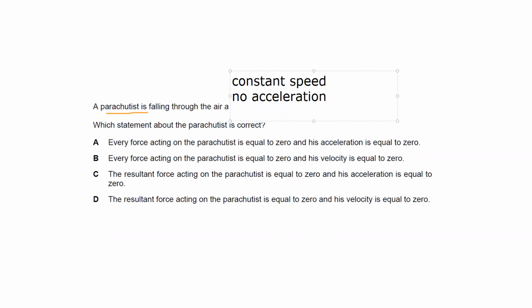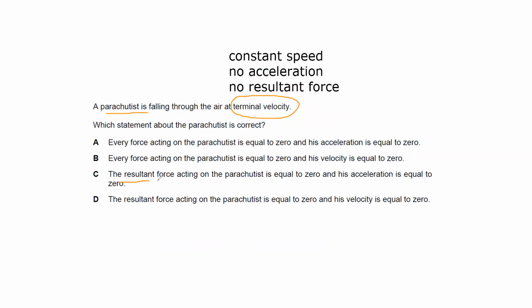And when there is no acceleration, there should be no resultant force. So which statement is correct? The resultant force acting on the parachutist is equal to 0. The weight is acting downward, air resistance is acting upward, but the resultant of the two is 0. For example, if weight is 600, air resistance is also 600, so the resultant is 0. And if the resultant force is 0, what about acceleration? The acceleration will be 0 as well. That's why C is the right answer.